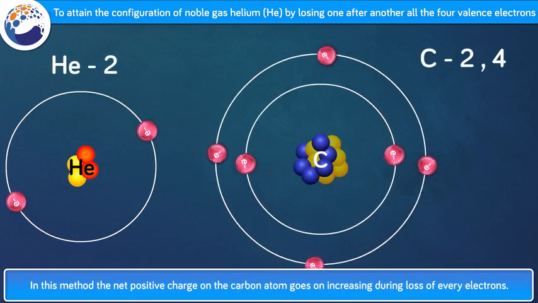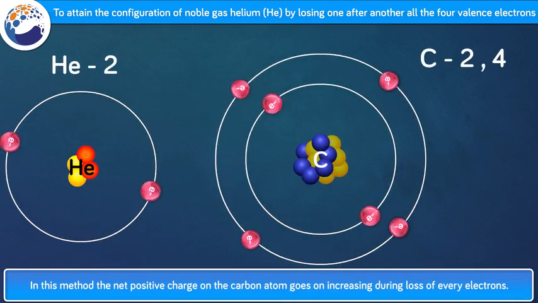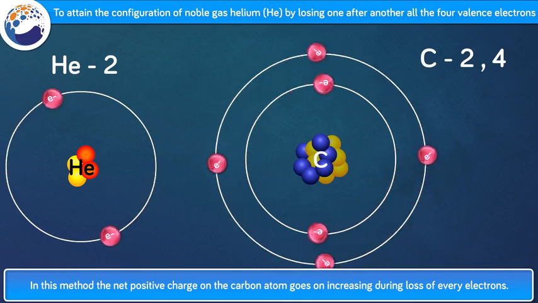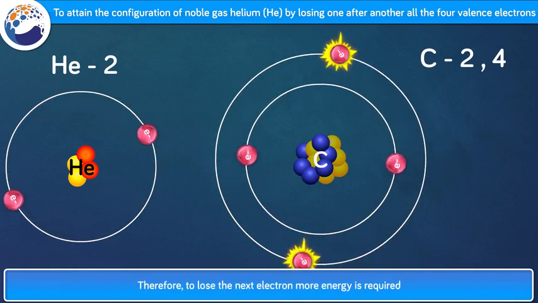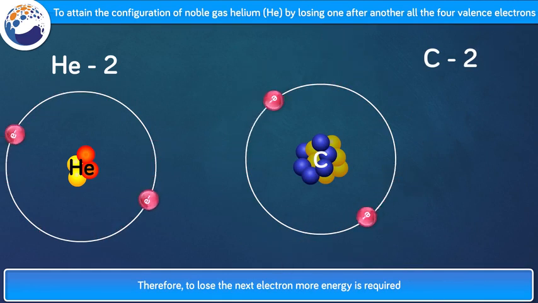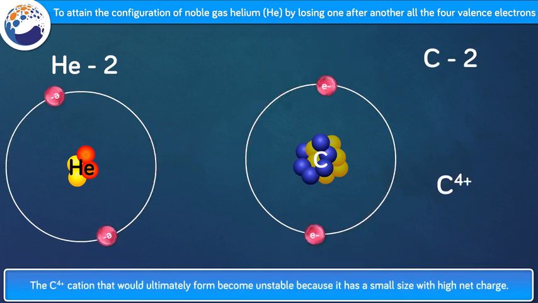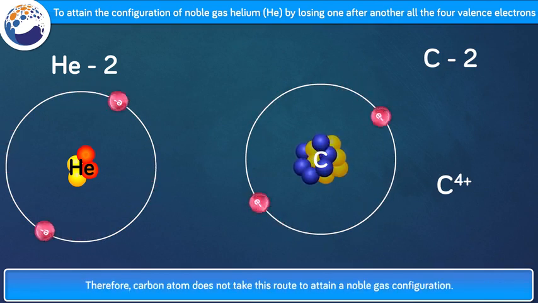In this method, the net positive charge on the carbon atom goes on increasing with the loss of every electron. Therefore, to lose the next electron, more energy is required. Moreover, the C4+ cation that would ultimately form would be unstable because it has a small size with a high net charge. Therefore, carbon atoms do not take this route to attain a noble gas configuration.